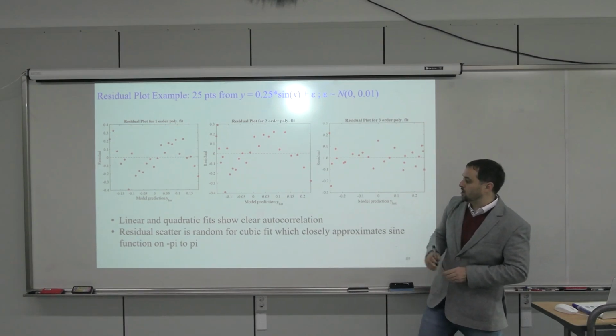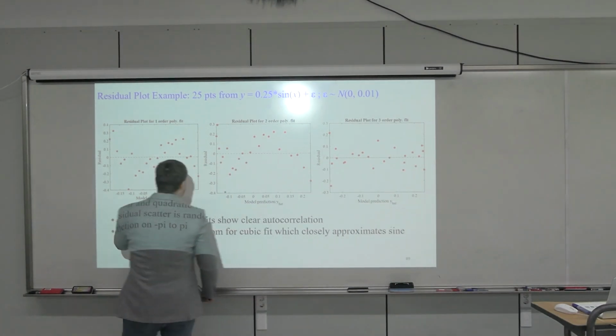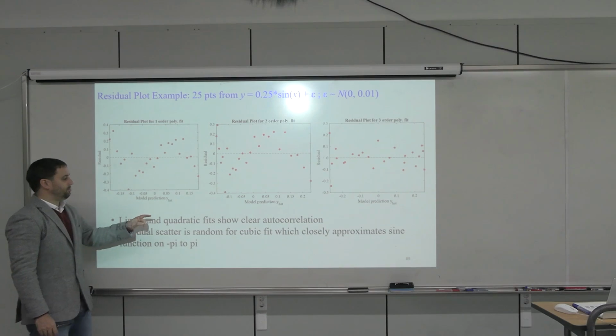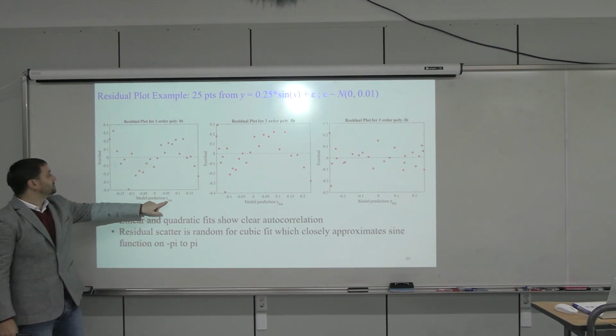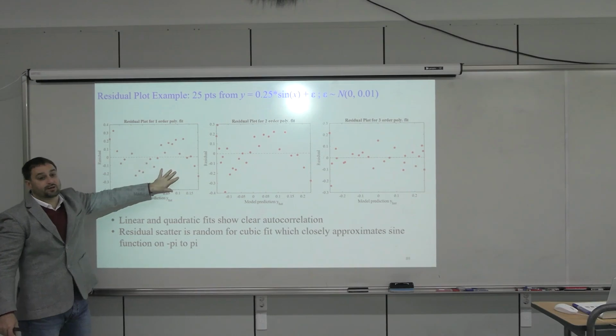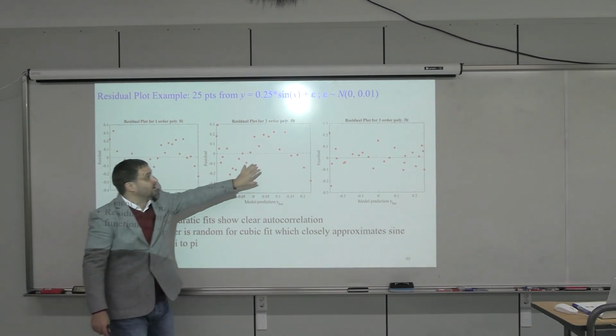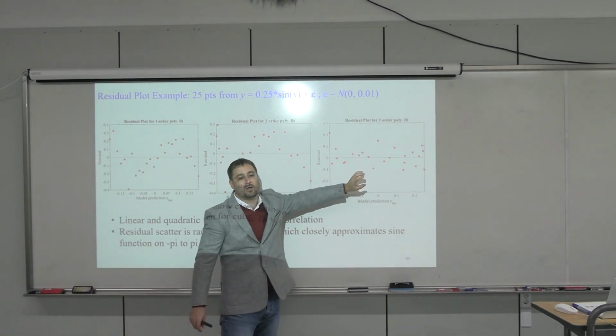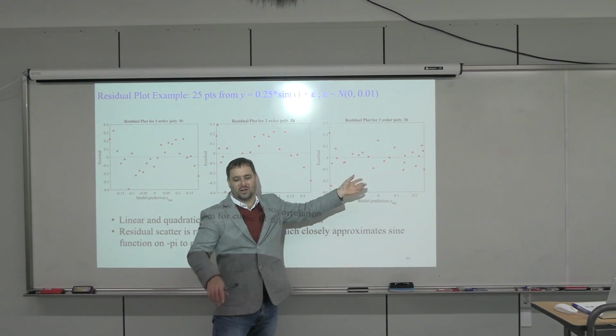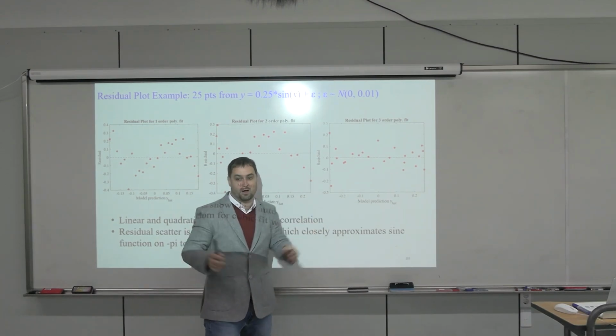Here, I've made 3 residual plots plotting the residuals versus y hat. This is for the first order polynomial fit, the line of best fit, the quadratic, and then the cubic. Before, we had concluded that the cubic fit is a good model.